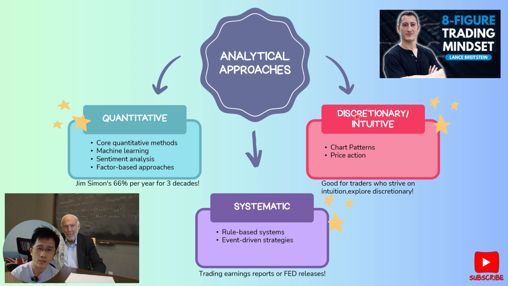Because we say that history repeats itself, so the best thing that we can do to give us some confidence about our trade strategy is to backtest it. It can be chart pattern, it can be price action, the higher high, higher low, and stuff like that. Okay, so these traders are actually good at making use of their intuition, be it from their experiences and all that. Then they trade discretionarily.